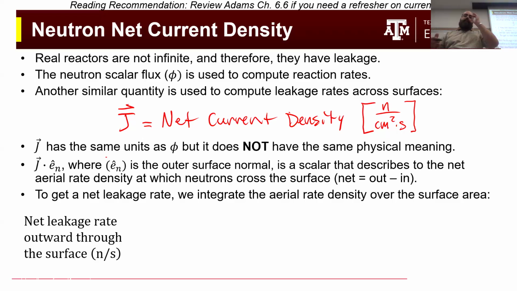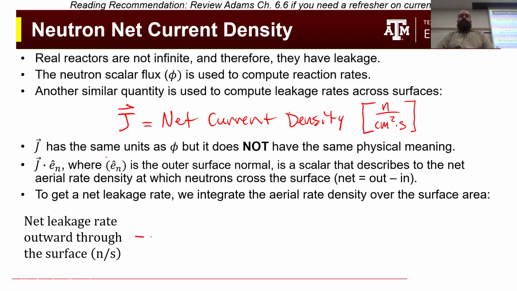That quantity basically describes the leakage rate across that surface, or you could think of it as the areal rate density at which neutrons are passing through that surface. And if we want to turn this areal rate density into a leakage rate, then we just have to take that quantity and integrate it over the surface over which those neutrons are leaking out.